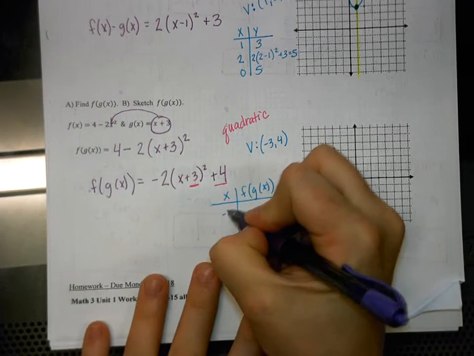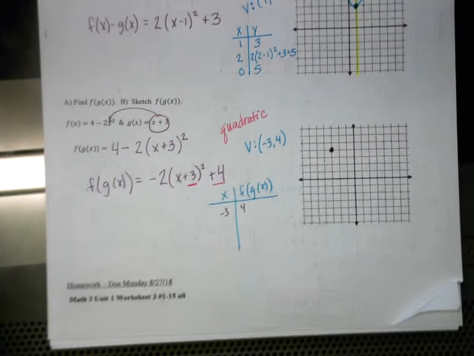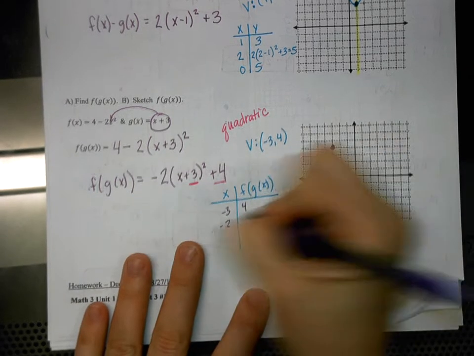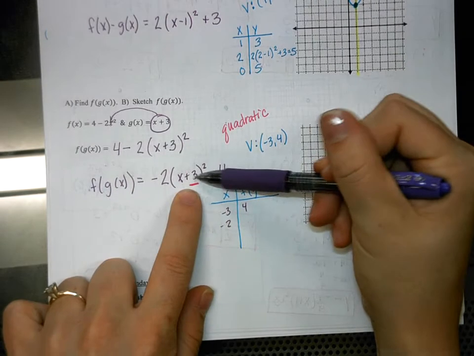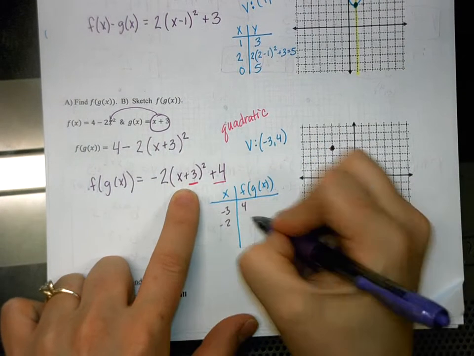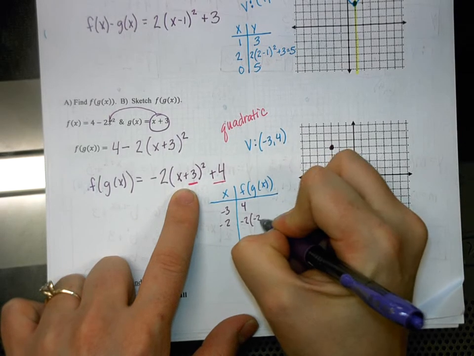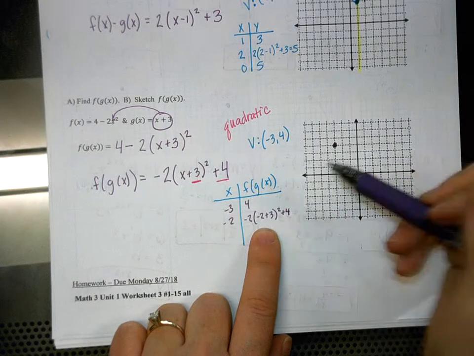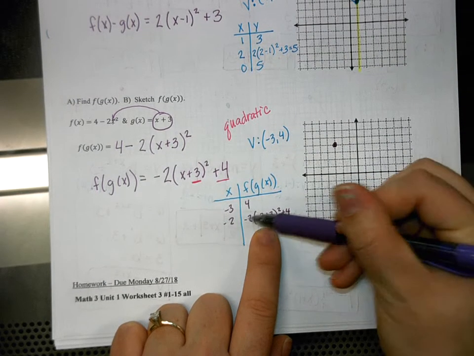Okay, what number did you guys plug in? Negative 2. That's a good number because that's going to make this a positive 1 inside my parentheses. And if this is 1, then 1 squared is 1. So I'm doing negative 2 plus 4, which is 2.